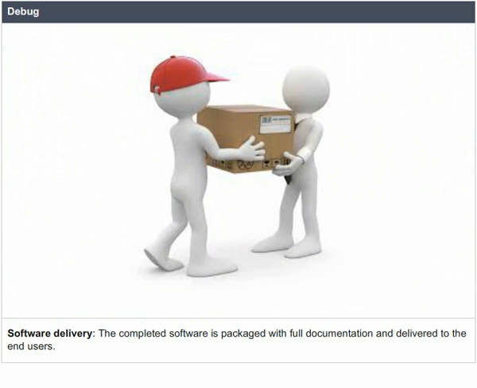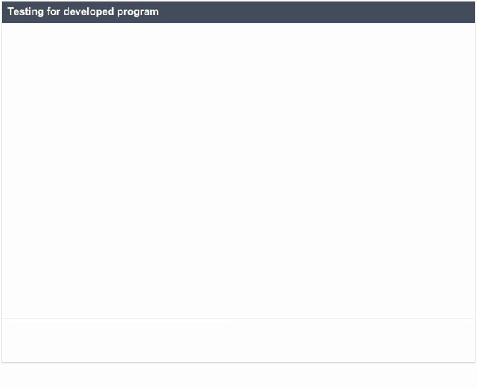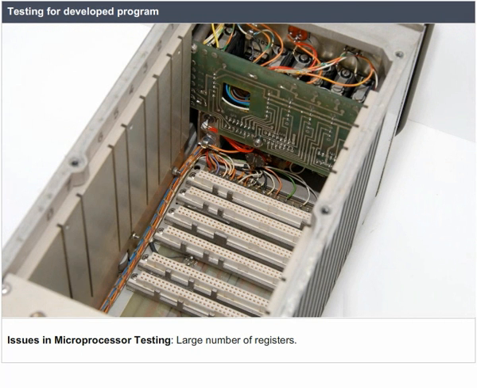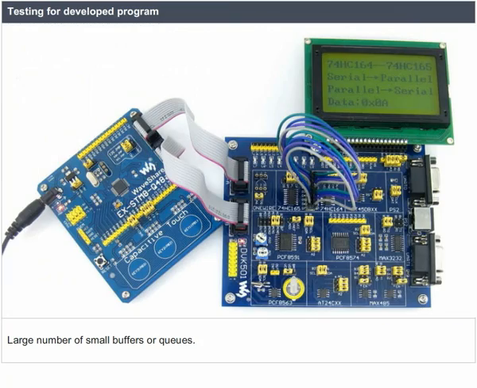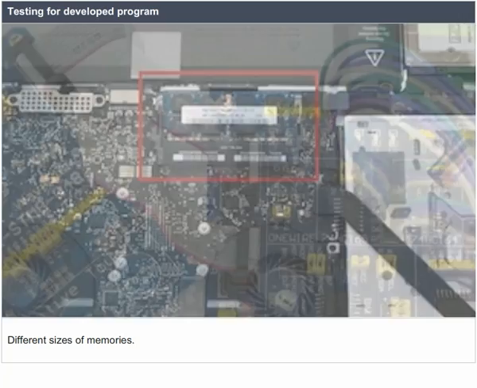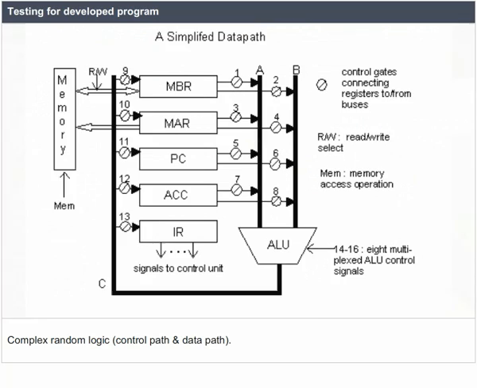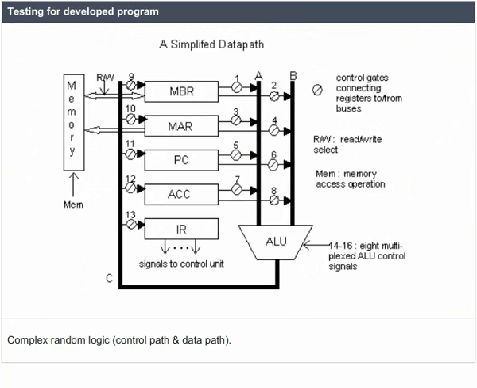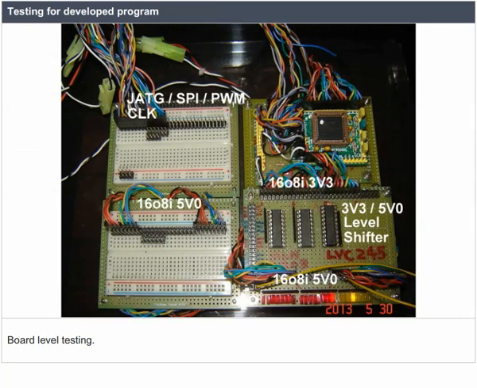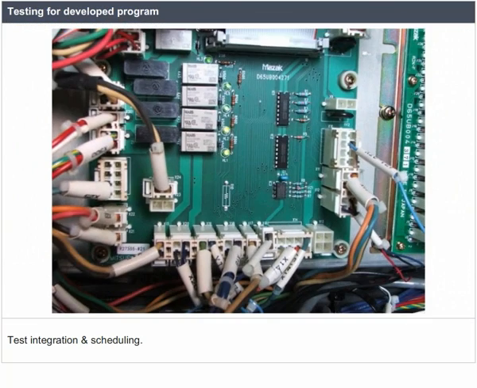Testing for a developed program. Issues in microprocessor testing: large number of registers, large number of small buffers or queues, different sizes of memories, complex random logic, control path and data path, board level testing, test integration and scheduling, CAD tool support. Systems with a microprocessor.